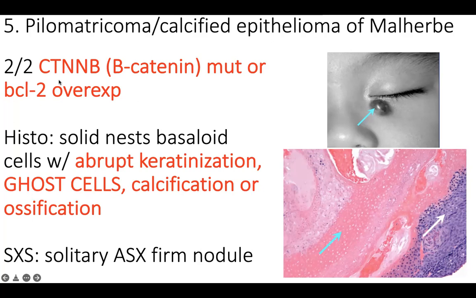And so just know that pilomatricoma is associated with this. It has these solid nests, again, nest-like structures with eruptive keratinization, and then these ghost cells. So we have these solid nests, and then we have these little cells that look like ghosts with calcifications or ossifications as well.